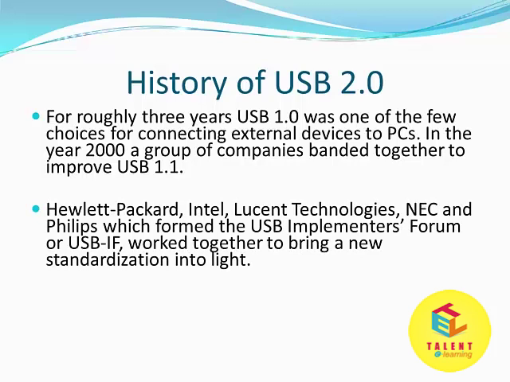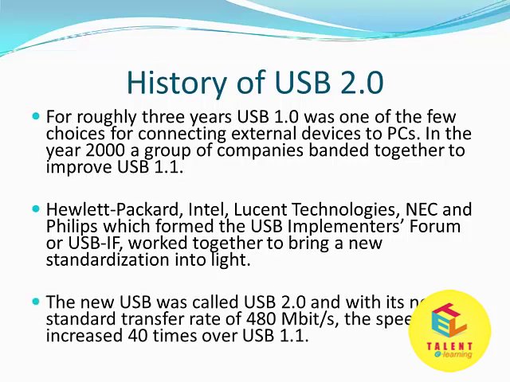HP, Intel, Lucent Technologies, NEC, and Philips formed the USB Implementers Forum, or USB-IF, and worked together to bring a new standard to light. The new USB was called USB 2.0, with a new standard transfer rate of 480 megabits per second. The speed is increased 40 times over USB 1.1.